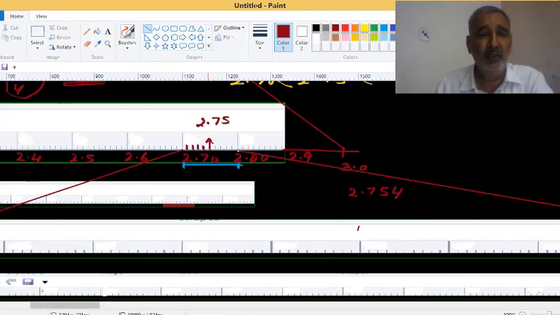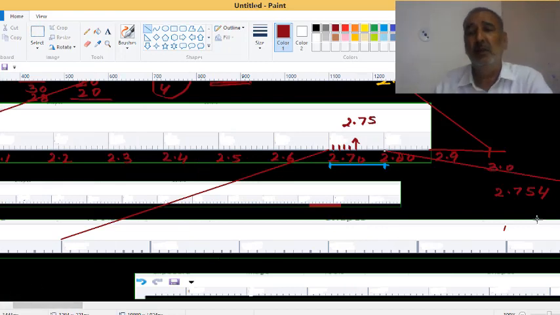I'm coming to 2.70 here. And finally, I have to represent this number 2.754.